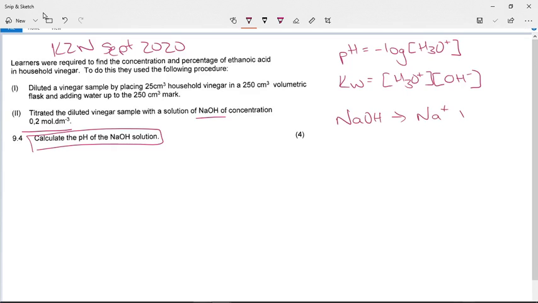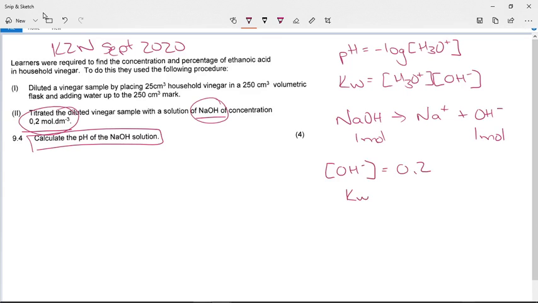Sodium hydroxide dissociates into 1 sodium ion and 1 hydroxide ion, so the mole ratio is 1 to 1. So we can use the concentration of the sodium hydroxide as the concentration of the hydroxide ions. So the concentration of the hydroxide ions is going to be 0.2 moles per cubic decimeter.